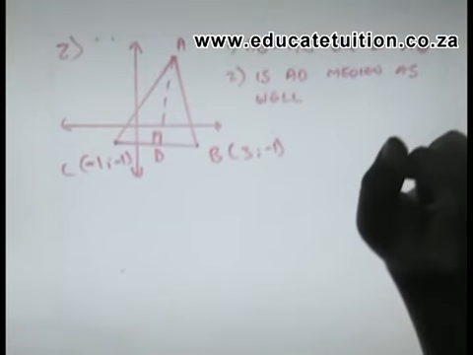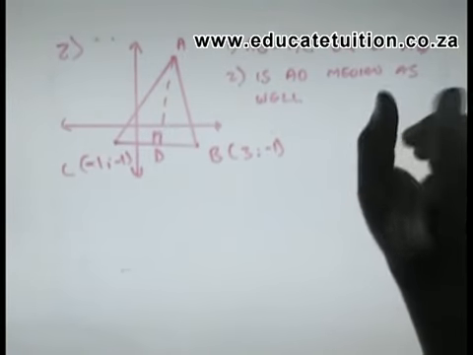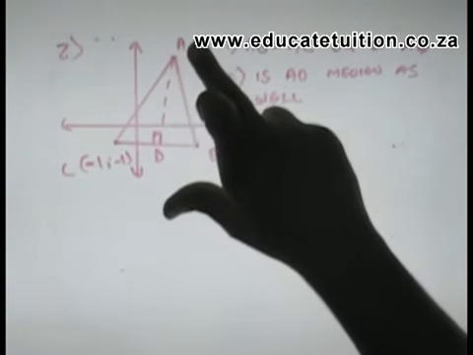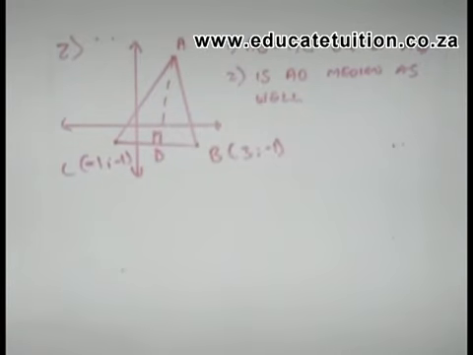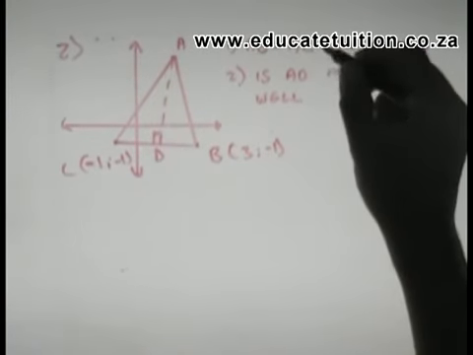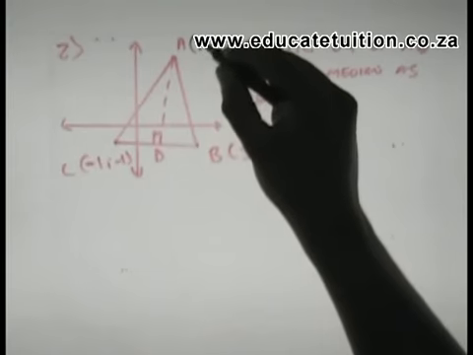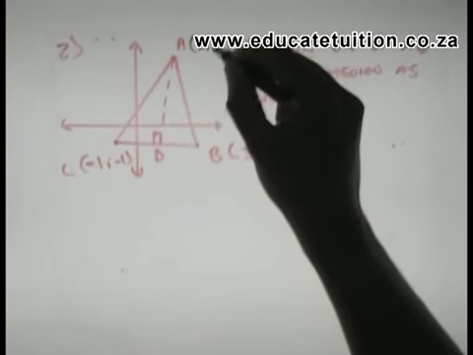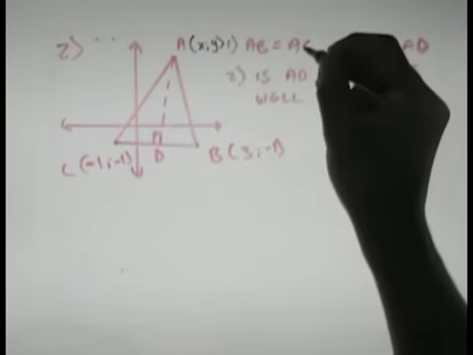But I can find the coordinates of A, and the way I'm going to do that is by saying AB is equal to AC. A, I'm just going to give it the coordinates x, y for now.